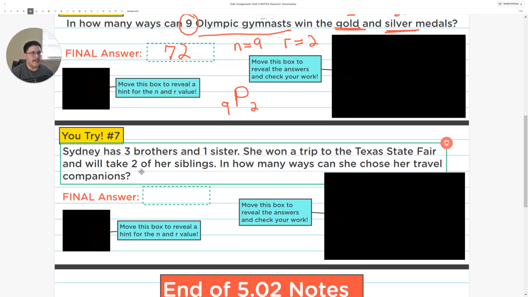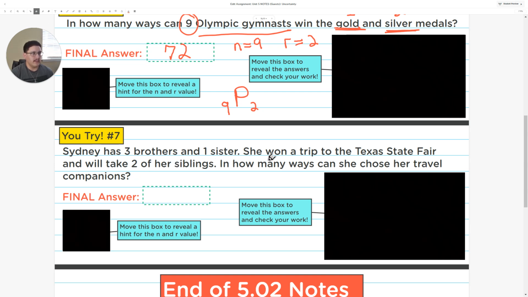You try number 7. Sydney has 3 brothers and 1 sister. She won a trip to the Texas State Fair and will take 2 of her siblings. How many ways can she choose her travel companions? Okay, so does order matter?